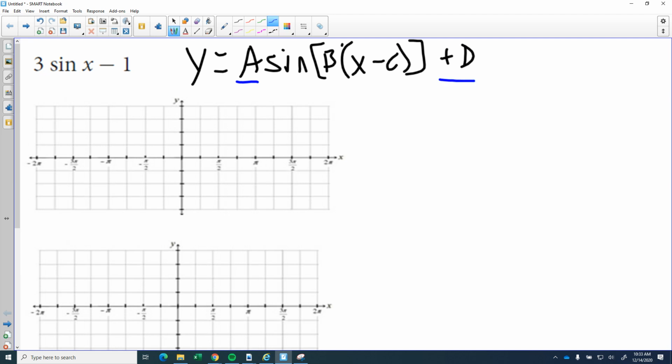A is the 3 in front, and because I don't have parentheses around the x, there's technically nothing on the inside, so that value on the outside, that minus 1, should be my plus d. This tells me right off the bat that we have an amplitude, an a value of 3, and a vertical shift of down 1.